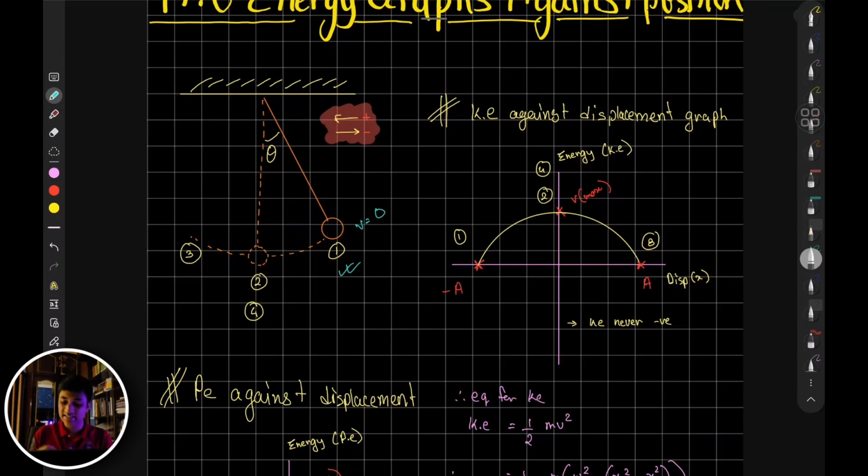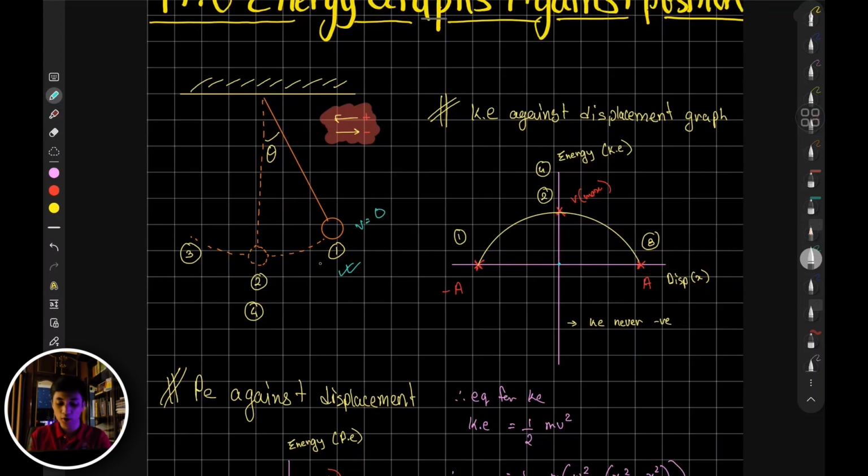What's happening is the displacement is 0. Therefore, since it is at the equilibrium, we're going to plot a point over here on the y-axis. And what is going to be the y value? The value is going to be maximum. So let's take up over here where v is maximum.